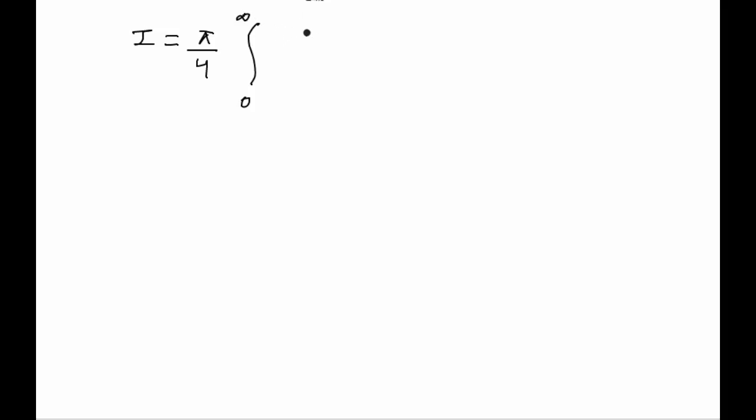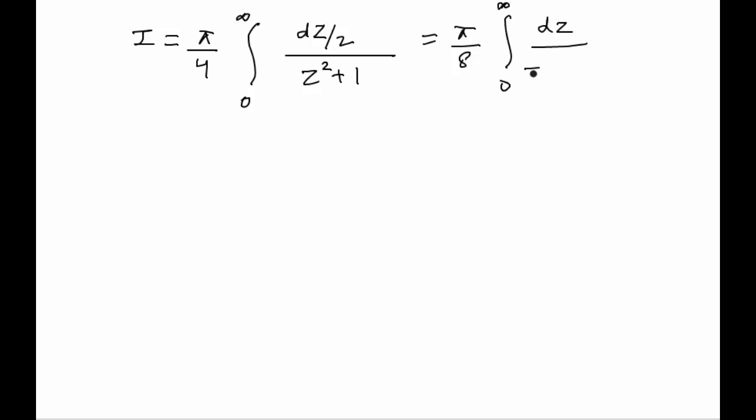Tan x sec square x by tan to the power 4x plus 1, so dz by 2 upon z square plus 1. This can also be written as pi by 8 times the integral from 0 to infinity of dz upon z square plus 1, which on integration gives us tan inverse of z.